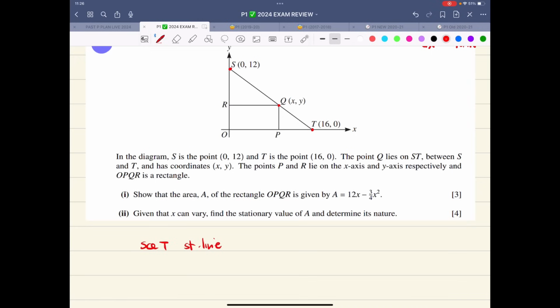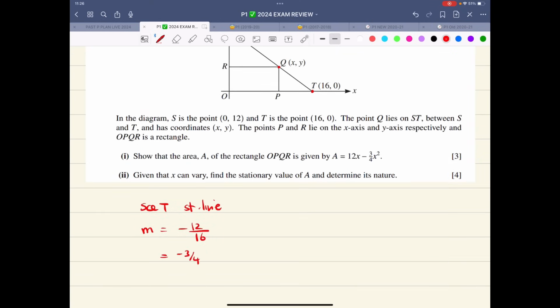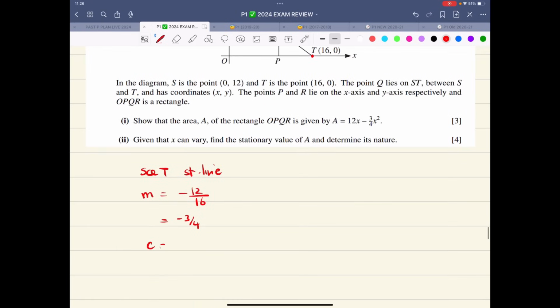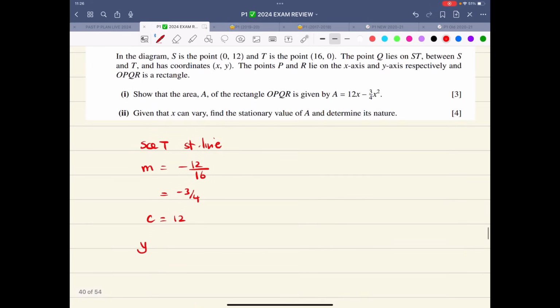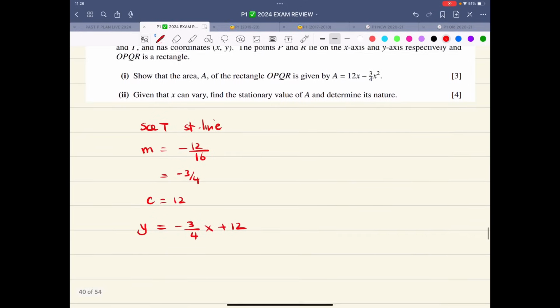And if it's a straight line, the gradient is change in y over change in x with a negative sign. That is negative 3/4 and the y-intercept is 12. So therefore the equation is y equals minus 3/4 x plus 12, and that fulfills this criteria for x and y. That means x and y could lie on this line.